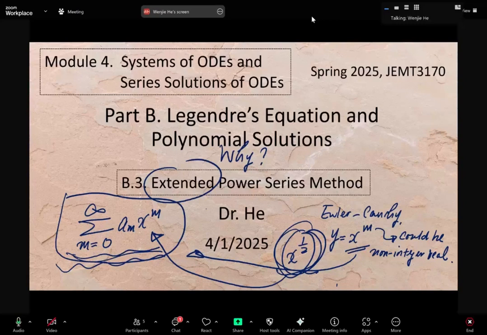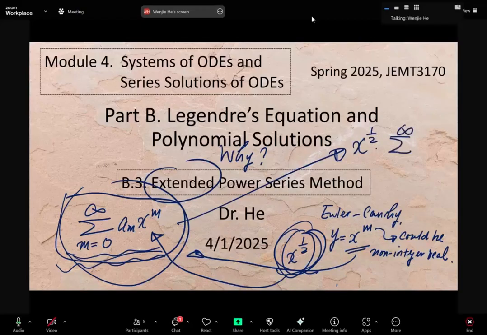When we talk about extending, we change a little bit. We still preserve the main part of the power series, but change it slightly, without a substantial change. So let's consider a change like this: x to the 1/2 times a power series. How about that?